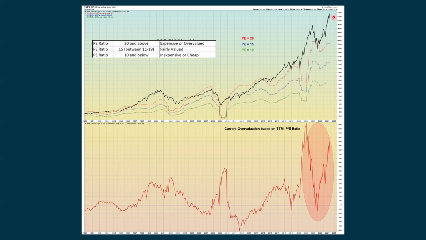The black line is the S&P 500, and the dashed red line is the PE ratio of 20. When we're above this line, that means the market on a historical basis is considered to be expensive. I also blew that up down below, and we've been this way for a number of years now. And it's not really surprising to see this. We don't use this to make decisions. We just want to know what's the current state of the market looking back on a historical basis.